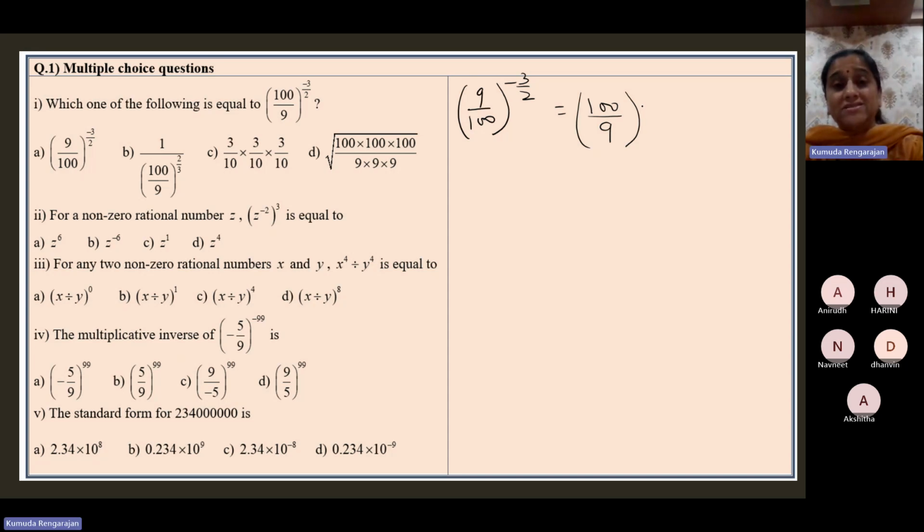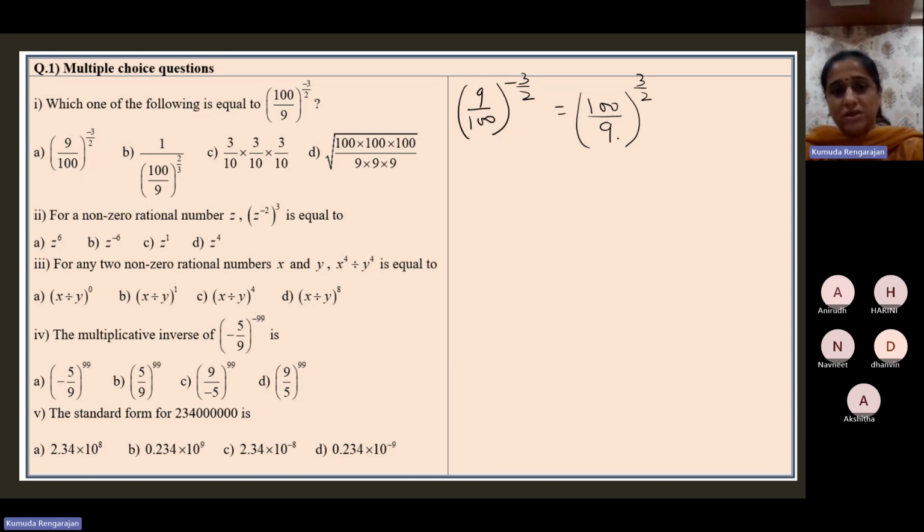You want to write its equivalent. So you'll have to make two changes. Take the reciprocal of the base and the negative of the power. The reciprocal of 9 by 100 is 100 by 9. And the negative of the power is 3 by 2.